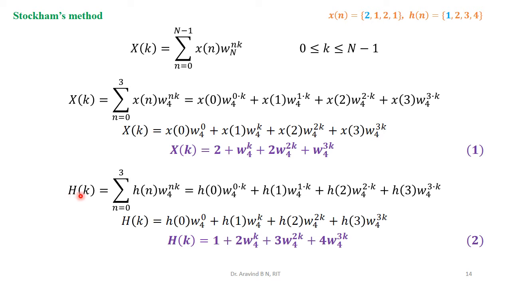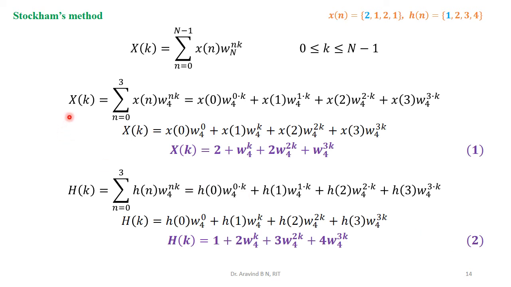So H of k equals the summation from n equals 0 to 3 of h of n omega 4 power nk. Expanding this, we get the following. We know the h values: h of 0 is equal to 1, substituted. H of 1 is equal to 2, so 2 omega 4 power k. H of 2 is 3, so 3 omega 4 power 2k. H of 3 is 4, so 4 omega 4 power 3k. Call this equation 2.